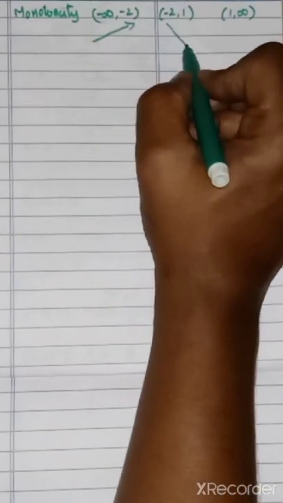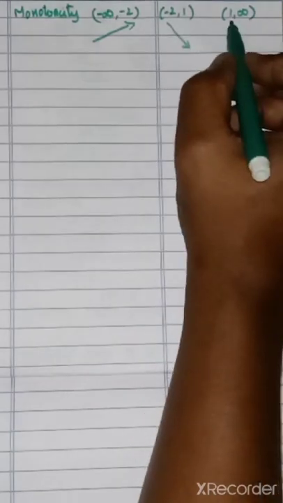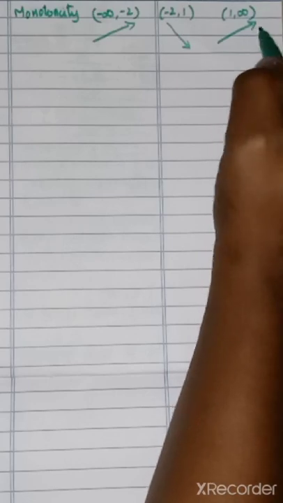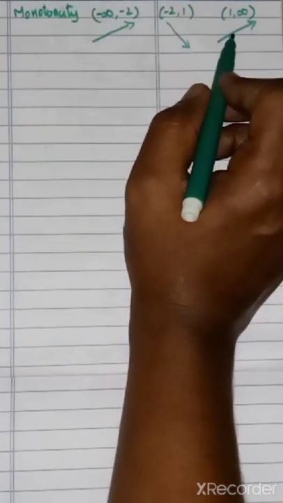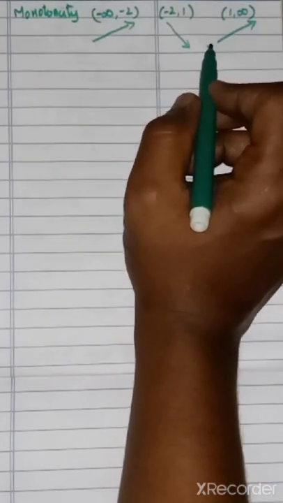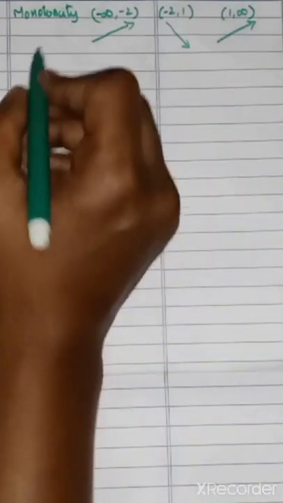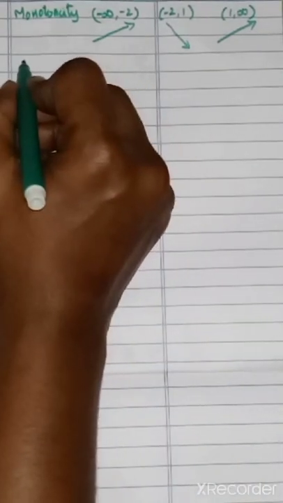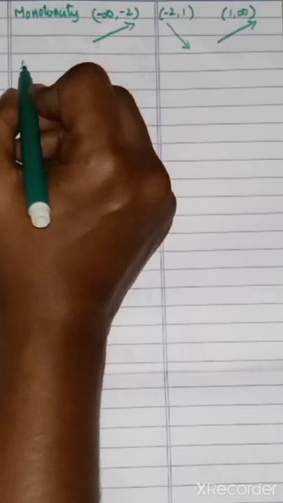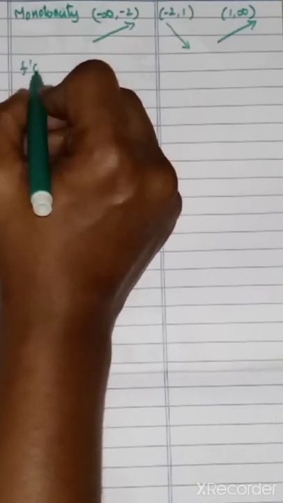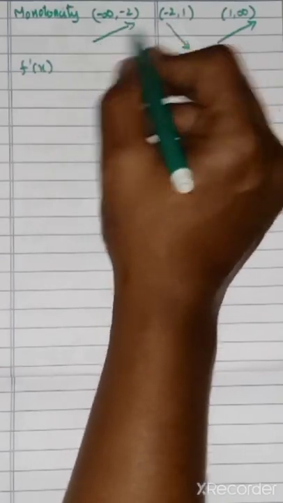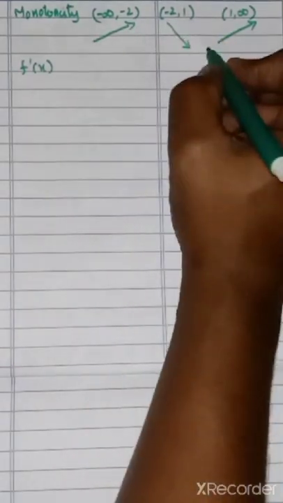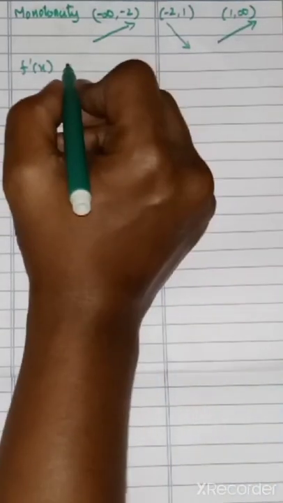Next, minus 2 to 1, strictly decreasing. Again 1 to infinity, it is strictly increasing, okay? So this arrow makes it easy to find the local maxima and minima, okay? Now we are going to find the local extrema, correct? So here, this is the sign of f dash: strictly increasing, strictly decreasing and strictly increasing.